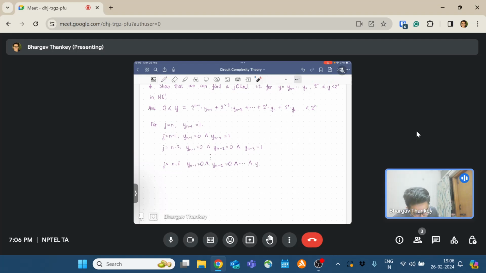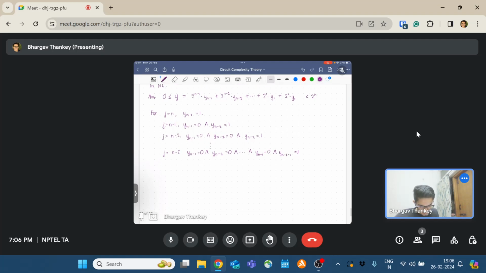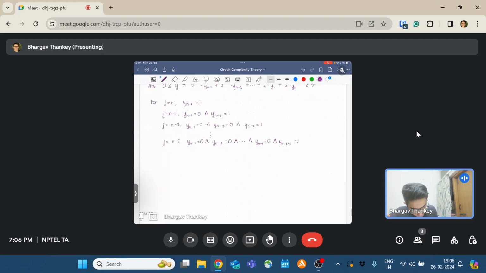Because over here it's minus 2, and over here the last thing is minus 3, right? And by n minus i minus 1 is equal to 1, y_(n-i) is 0, right? Okay, so now the expression is this, right?